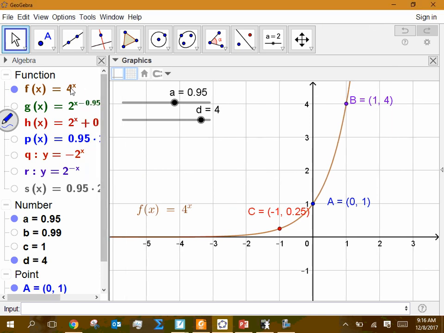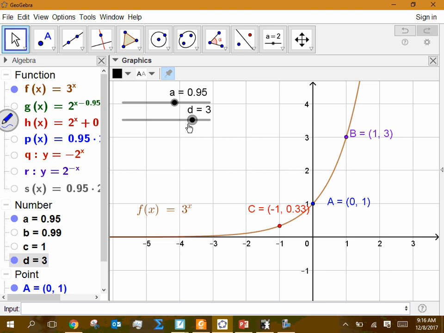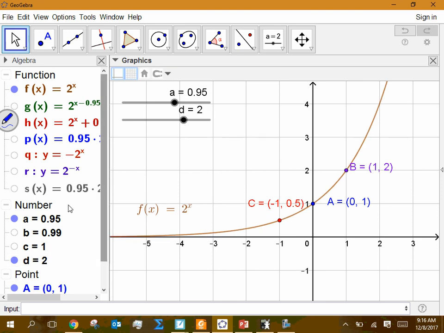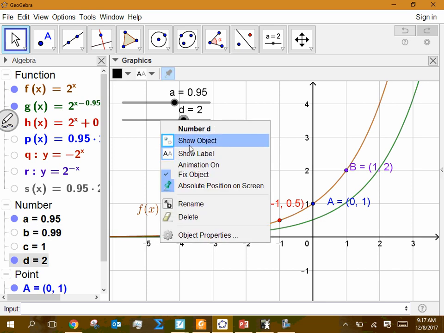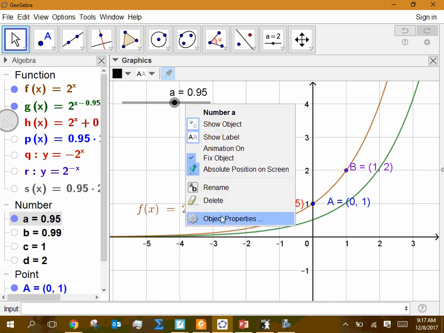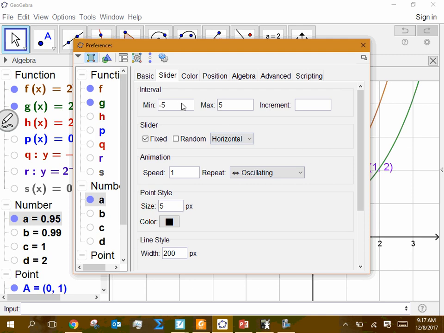Okay? So let's say that I have, let's go back to allowing that to be 2 to the x. I'm going to show G here, and I believe I need some other numbers, but no, A is the only one. All right, so let me hide that. Let's just go by integers.